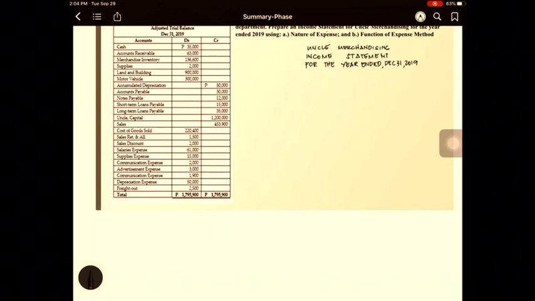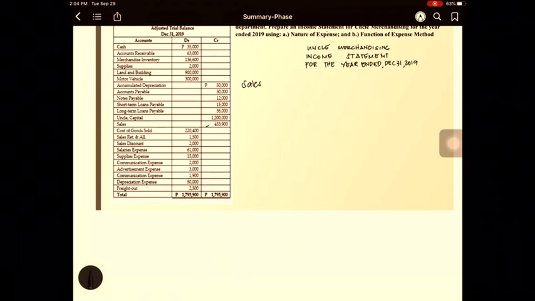So the first thing that we have to do is to determine how much is the income earned by the business. So in this case, we have sales, right? Since this is a merchandising type of business, the income is reflected as sales. However, take a look at your adjusted trial balance.